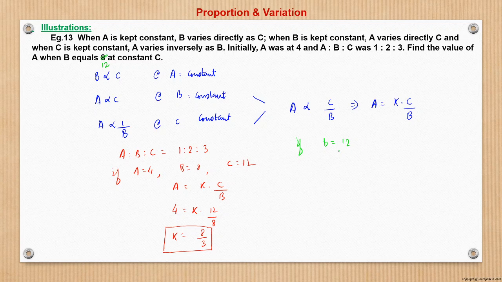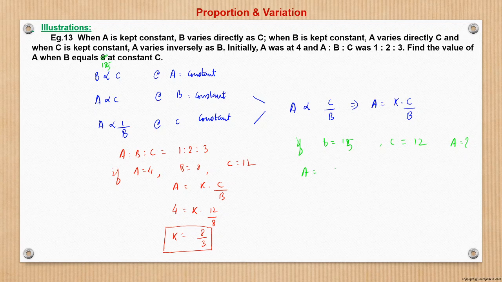So if b becomes 12, at constant c, so means c remains, let us make it 15 then. So if b is 15, just for the concept, any number we can take. If b changes from 8 to 15, whereas c remains constant at 12, what is a? This is the question.